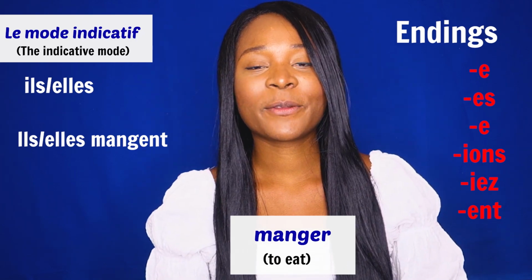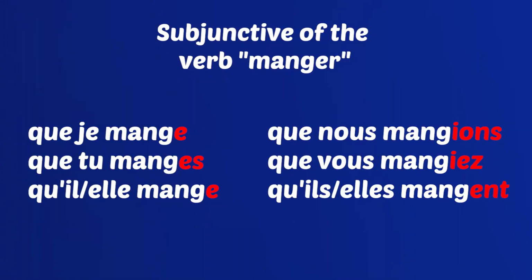So I get que je mange, que tu manges, qu'il, qu'elle mange, que nous mangions, I-O-N-S, que vous mangiez, I-E-Z, qu'ils, qu'elles mangent, E-N-T. Here you go, you've got the conjugation of the subjunctive.